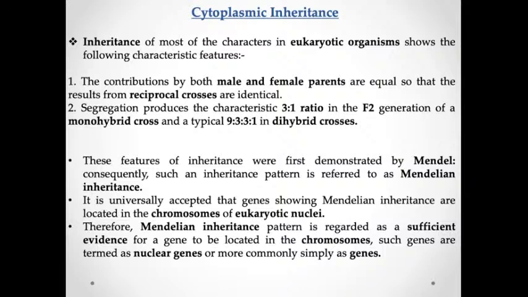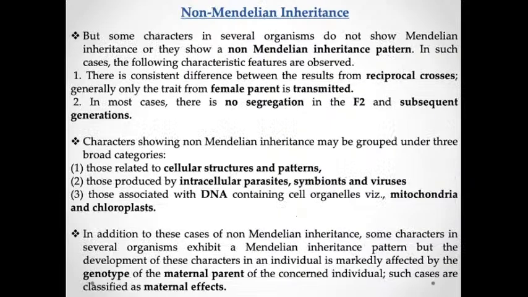Such genes present in the chromosomes are called nuclear genes, or more commonly just genes. So that was normal inheritance happening according to Mendelian law because of the nuclear genes present in the chromosomes.